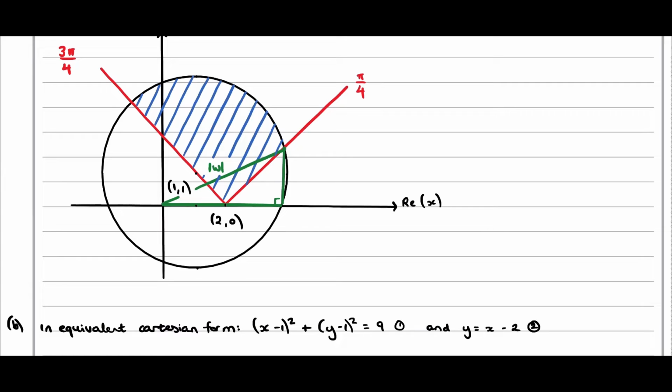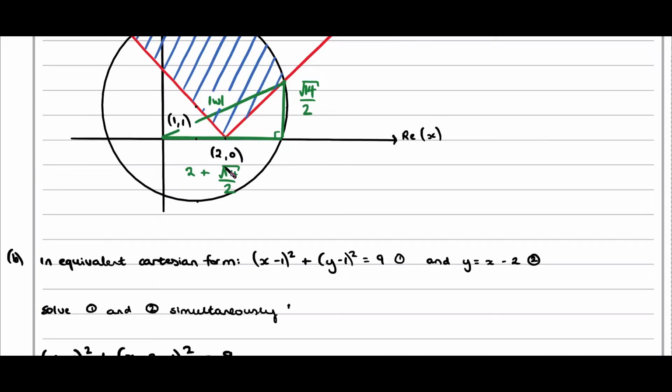So if we add this to the diagram, here we have 2 plus root 14 over 2, and here we have root 14 over 2. We can now use Pythagoras.